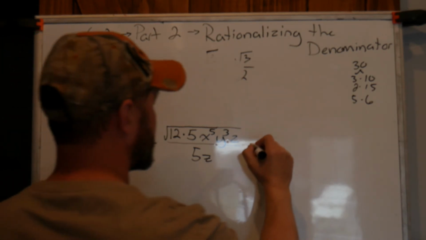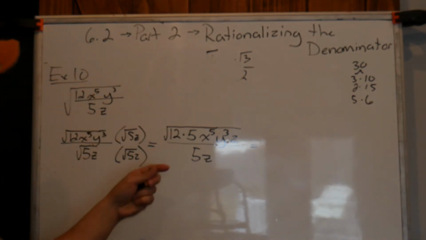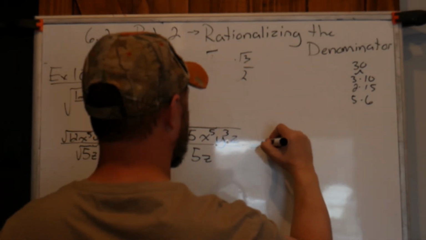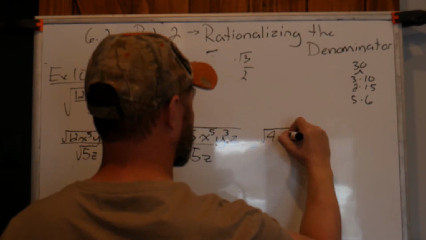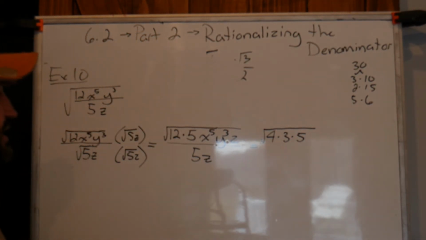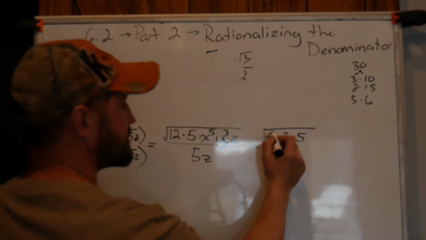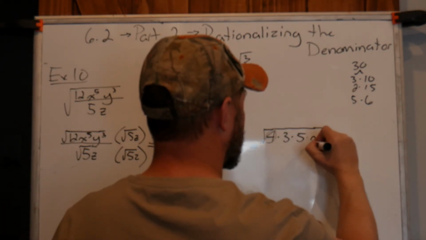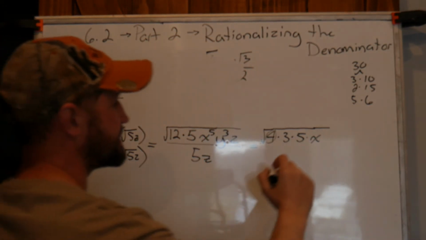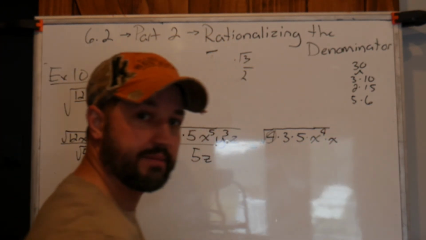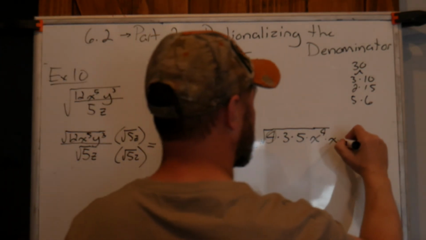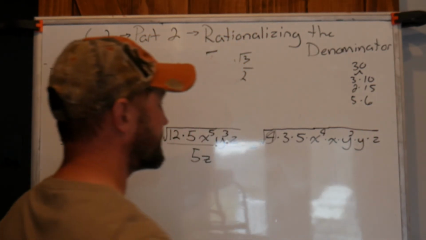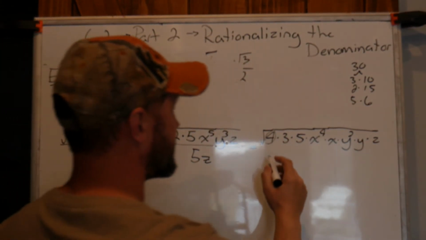So now I simply look at this and ask, is there a perfect square that I can pull out? What I have is the square root of 4 times 3 times 5. I do have a perfect square right here that I can pull out. And then times x to the 5th, which is x to the 4th times x. And y cubed, I can pull a square out of there. And then times z.